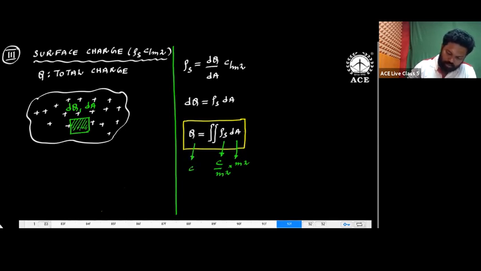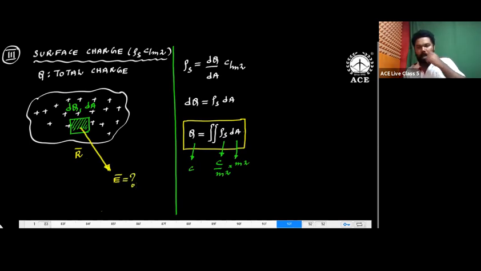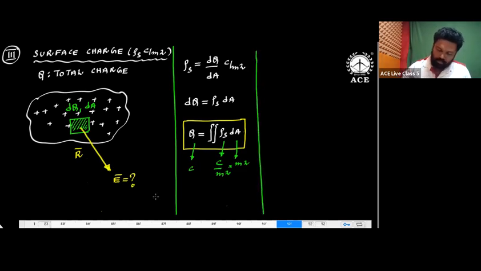I want to find out what is the electric field at a distance of r. So how do you find out the electric field? I'll take the help of Coulomb's law. dE is equal to dq by 4 pi epsilon r square into r cap.